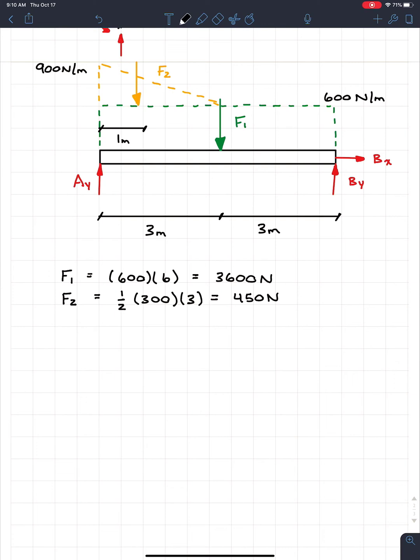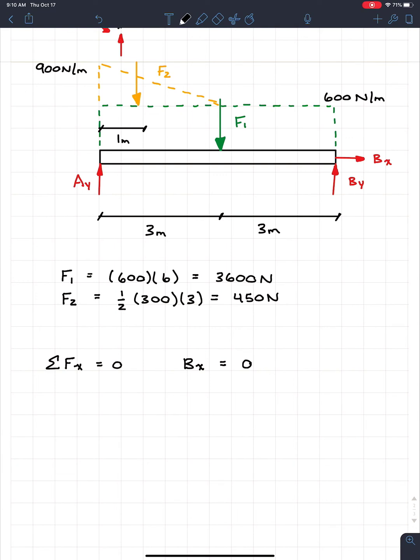So if I were to look at this real quick, and I were to go sum of the forces in the x direction is equal to 0, we would have bx and then plus, and if you look at the beam, there's nothing else. So we erase the plus. We know bx must be equal to 0. So that's kind of a nice, quick, easy one.